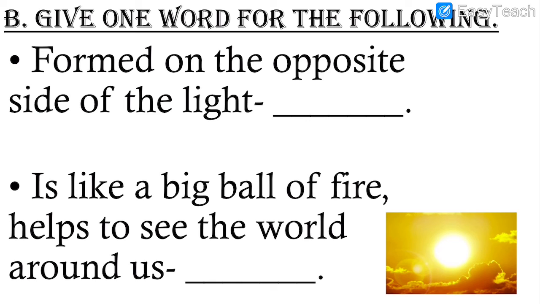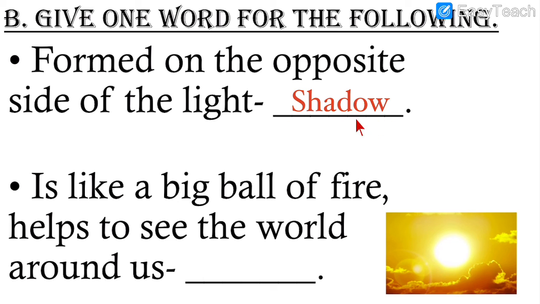It is a dark patch which is long in the morning and evening. It is formed because the light is blocked. That is shadow. I hope you got the answer before I speak. Shadow.